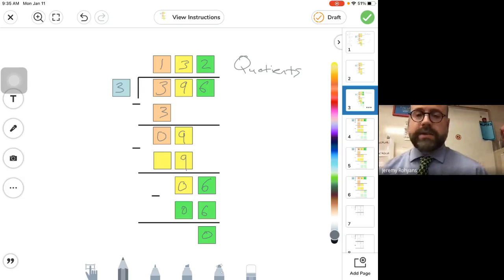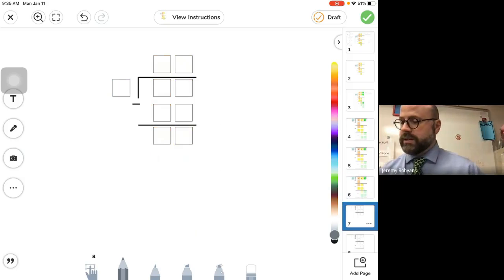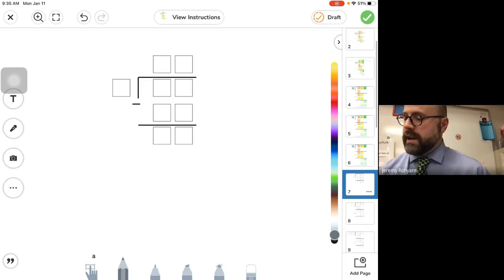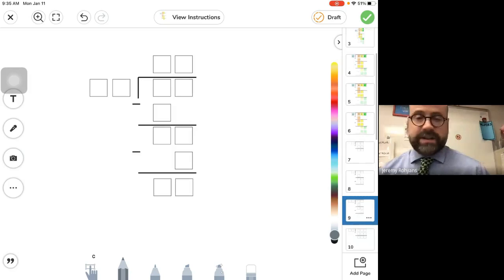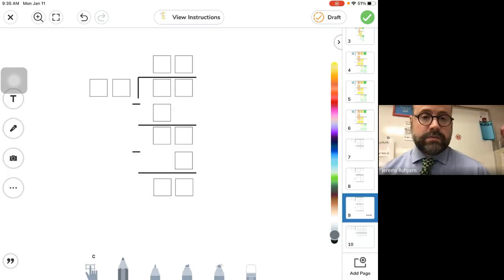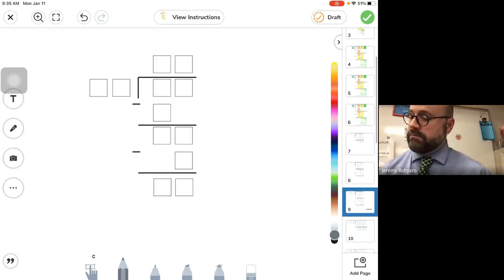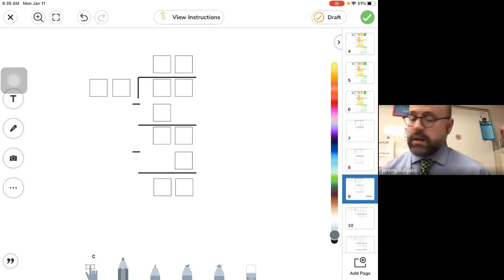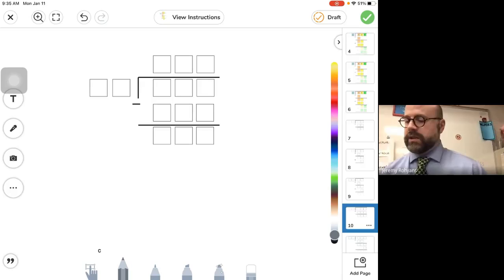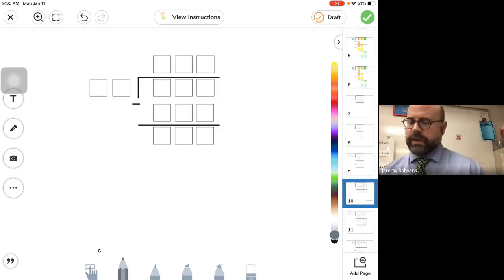Okay, so to answer your questions, guys, if you come across blank ones, so if I go to page 7 here, it's blank, but it's not colored, you're not putting any in there. The idea here is that, and we might visit these blank ones tomorrow just for a quick can-you-do-it thing, it's to take away the color coding so that you can work without having to go, oh, where's the green box go?